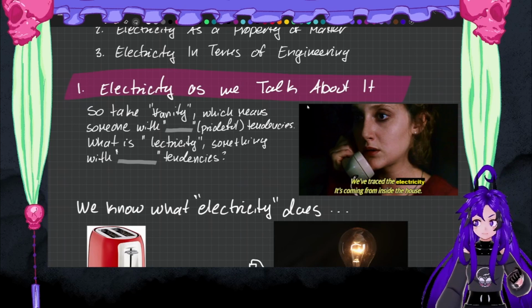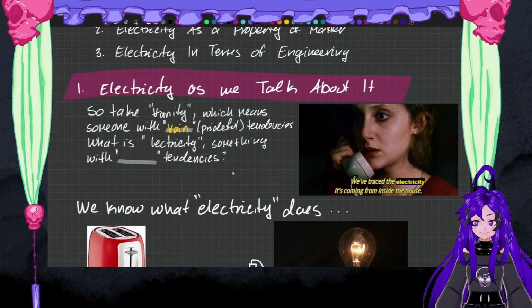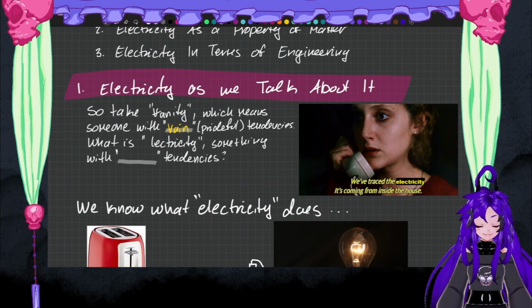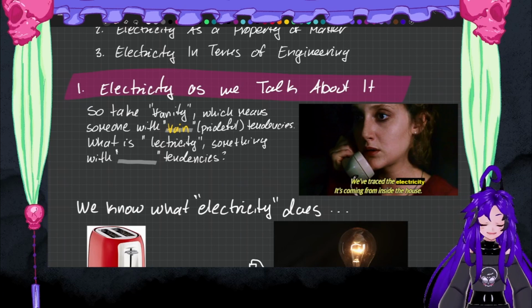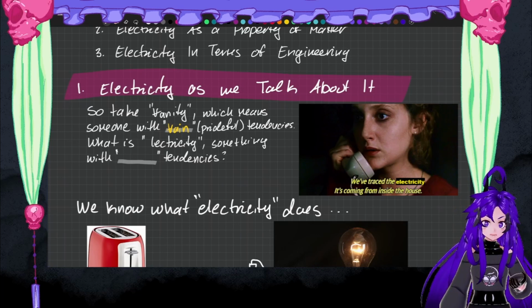So if we take apart the word electricity, first of all, let's look at the word vanity. Vanity is a similar word. Vanity is someone with vain tendencies, right? And vain is like being prideful, basically. Someone who's chronically concerned about their appearance and stuff like that.